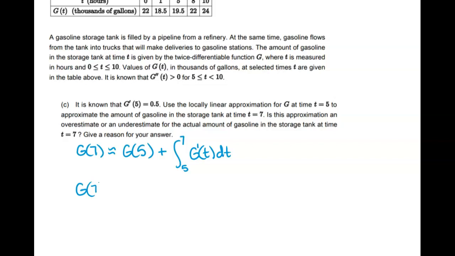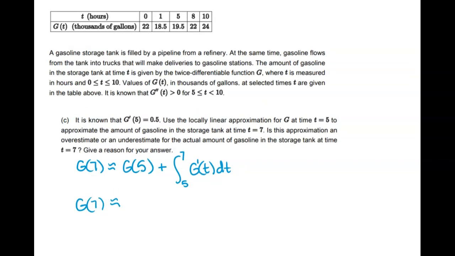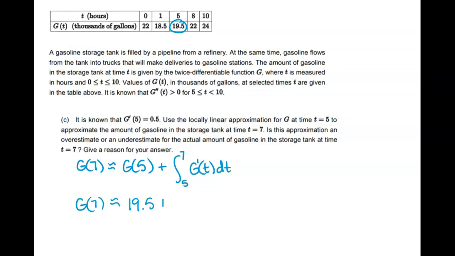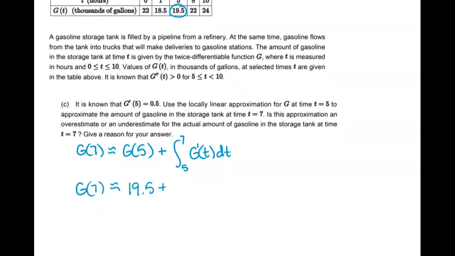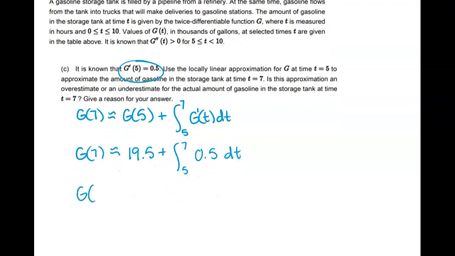So g of 7 is approximately, well, g of 5, 19.5, plus, and we're using our approximation at time t equals 5, so we'll have the integral from 5 to 7, and instead of g prime of t as our slope, we're using 0.5 from here in the problem, dt. So now g of 7 is approximately 19.5 plus the integral of 0.5, which is 0.5t, from 5 to 7.